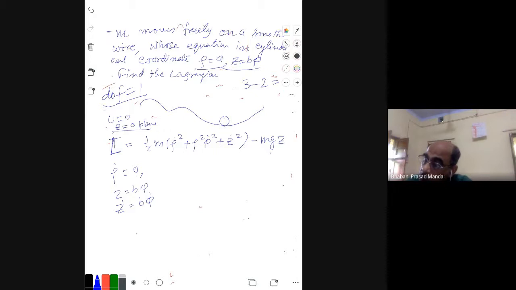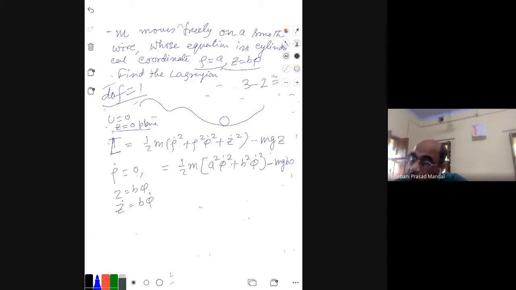So I substitute. My Lagrangian will be half m, then rho is gone, rho square is a square phi dot square, and z dot square will be b square phi dot square, and then minus mgb phi.